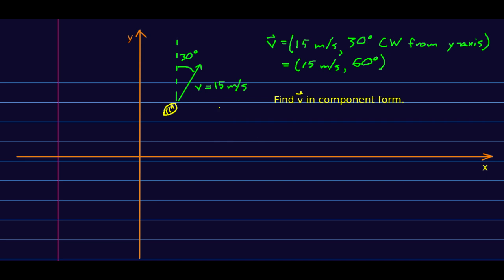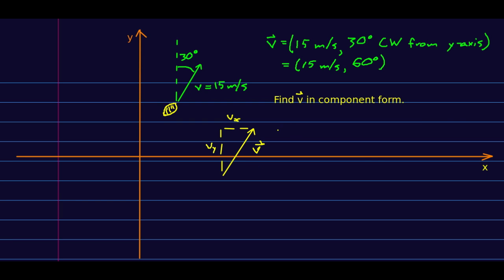So the first thing to do is just draw a little more. Before you do trigonometry, you should know what the triangle is that you're talking about. Never do trigonometry without drawing the triangle. So here is V, and here are its components.